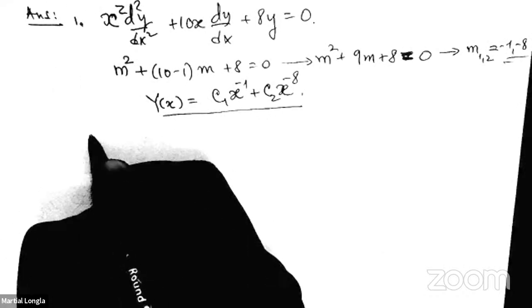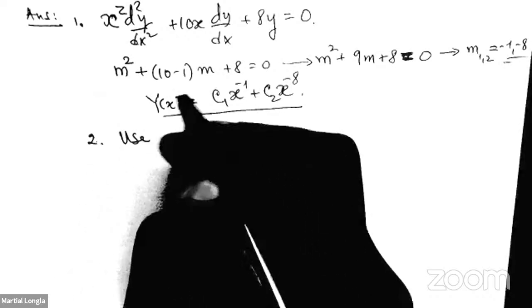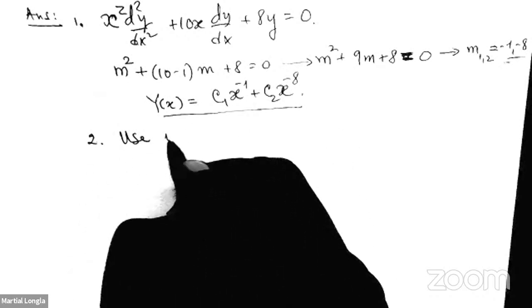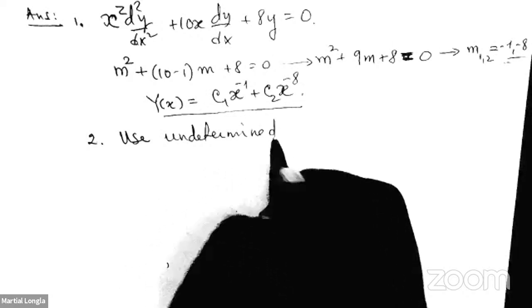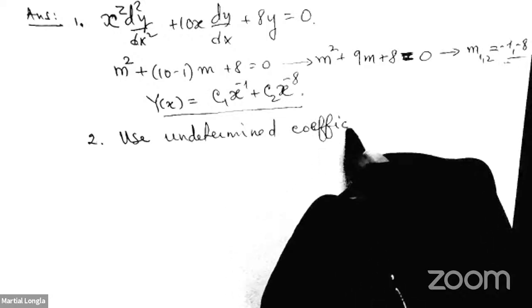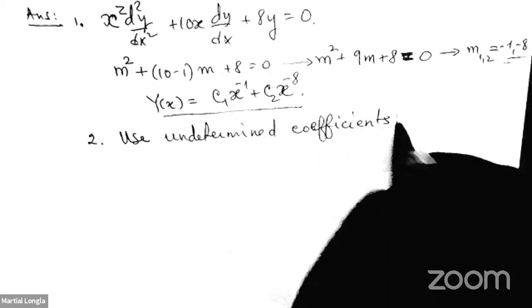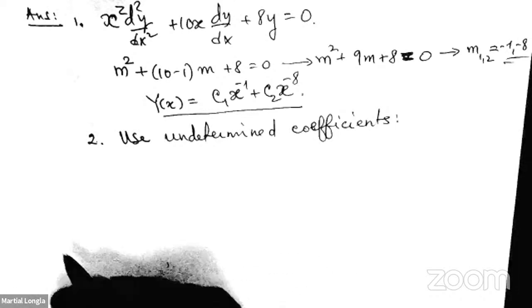Then we go to step 2, and I'm going to use undetermined coefficients just to apply what I just showed you. To use the method of undetermined coefficients, you need to write down the equation that you get.